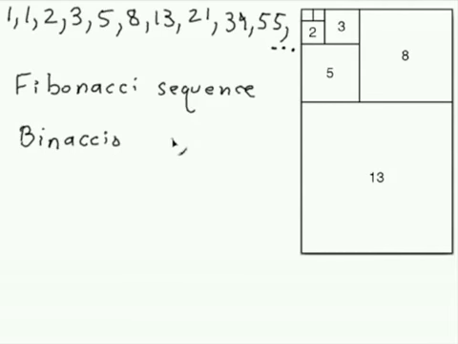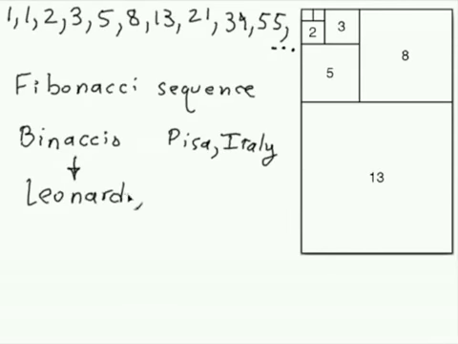He lived in this city called Pisa, Italy. And you might think, well, Boccaccio sounds like Fibonacci. Maybe he invented the sequence. But you'd be wrong. It's actually his son, whose name is Leonardo, so they would call him Leonardo of Pisa, who is credited as having invented the sequence.